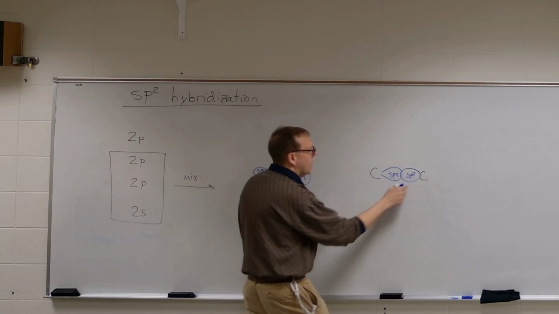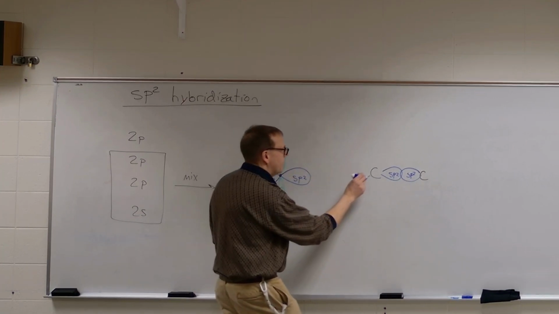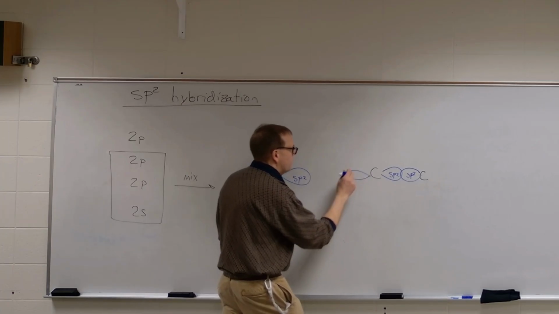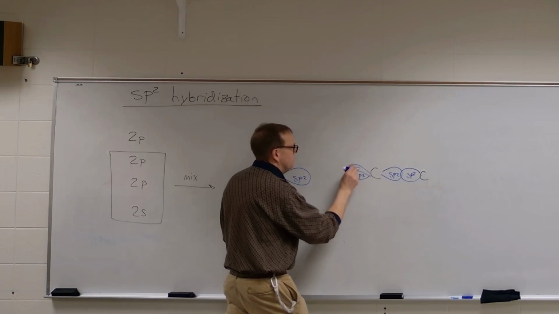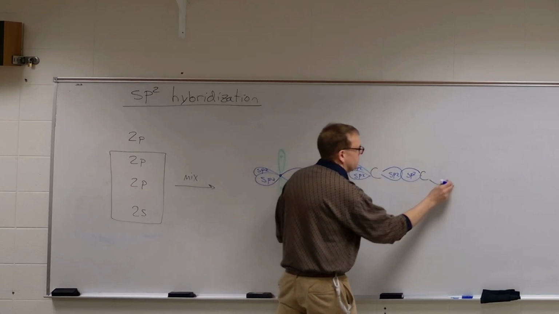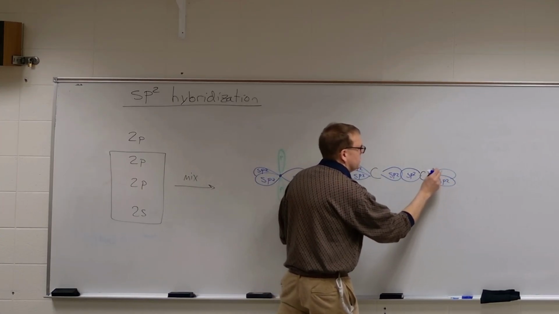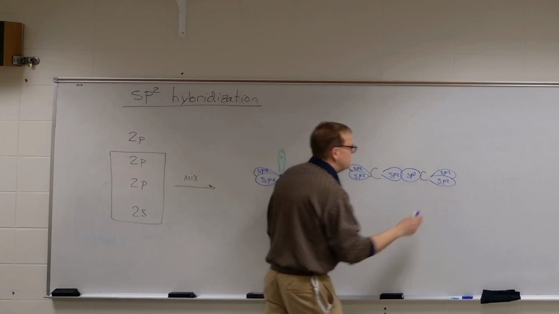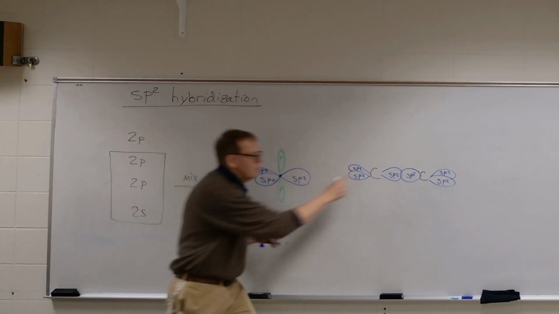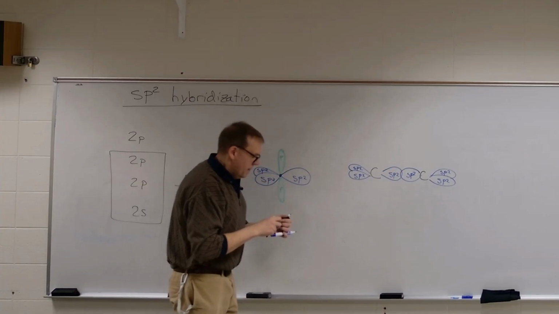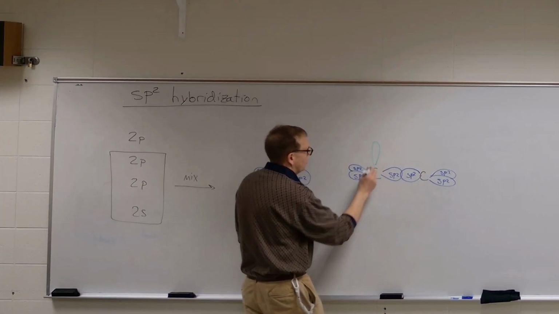So this is a bond between the two carbons where there are two overlapping sp2 orbitals. sp2, sp2, and then this one similarly has sp2, sp2. So these are two sp2 hybridized carbons that are bonded together like this. And then they each have an unhybridized p orbital that is left over.